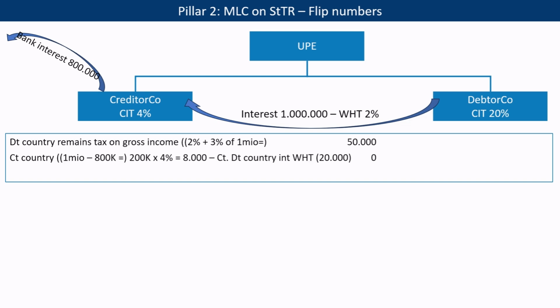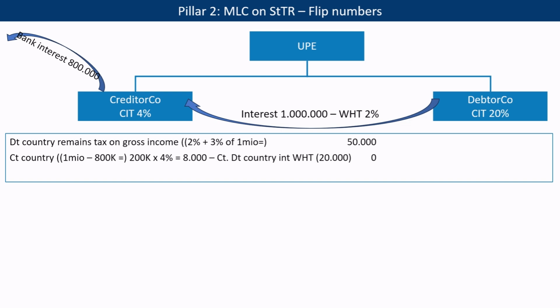However, the creditor co-country tax will now be 1 million minus 800,000, which gives you 200,000 in taxable income, multiplied by 4%, which gives you 8,000 in tax, minus the credit for the withholding tax paid in debtor co-country, which was 20,000. So in creditor co-country, the corporate income tax due will be 0, right?